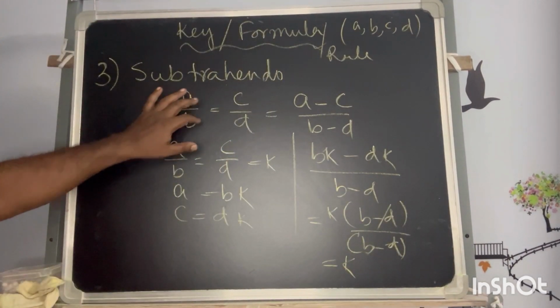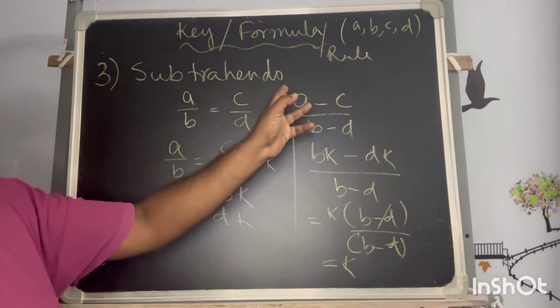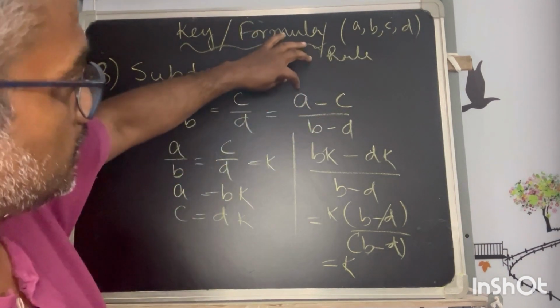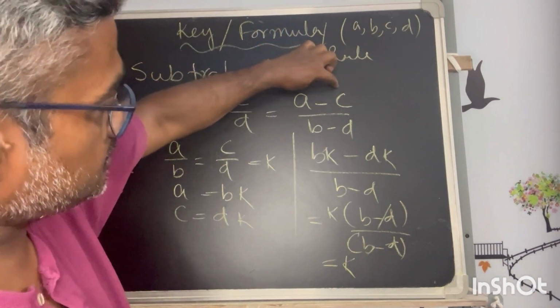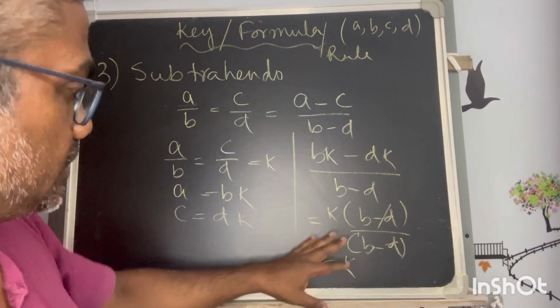So a by b is equal to c by d. If it is, then you can say a minus c by b minus d, means deducting the antecedents and deducting the consequents, so we'll get this result.